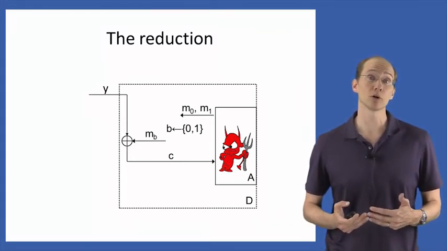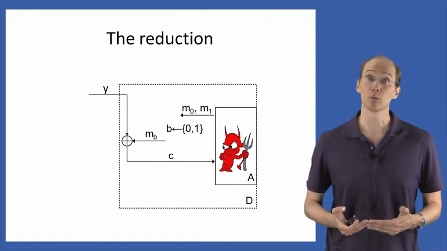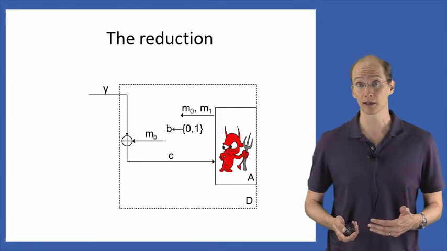From A's point of view, this exactly matches what it expects to see, because A indeed output two messages and got back a ciphertext.